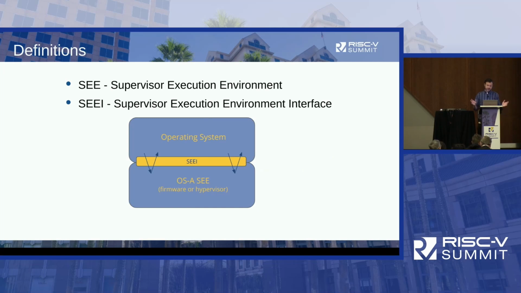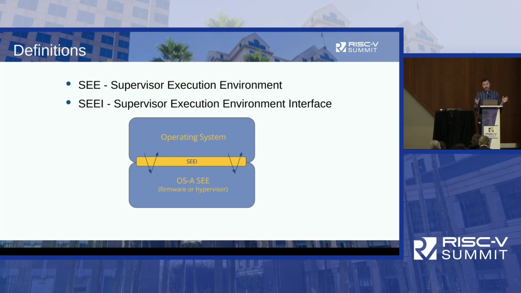Definition-wise, at the top we have the operating system. Below is the OSA-SEE. SEE stands, as previously noted, for Supervisor Execution Environment. And in the middle is the Supervisor Execution Environment Interface. That is how the operating system, or kernel, or bootloader for that matter, interacts with the SEE proper.